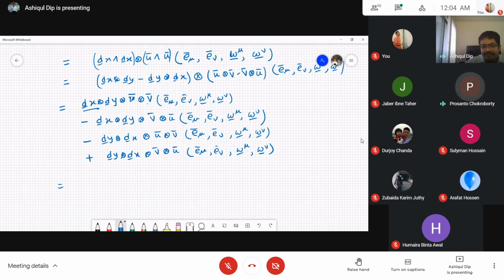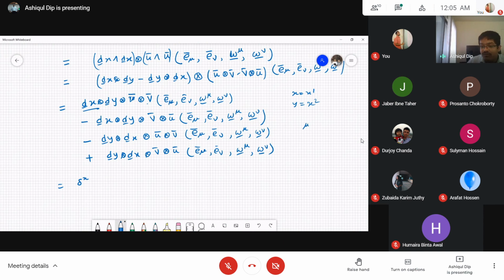So we need to give an index to dx, like x equals x1 and y equals y2. So it will be Kronecker delta x mu.